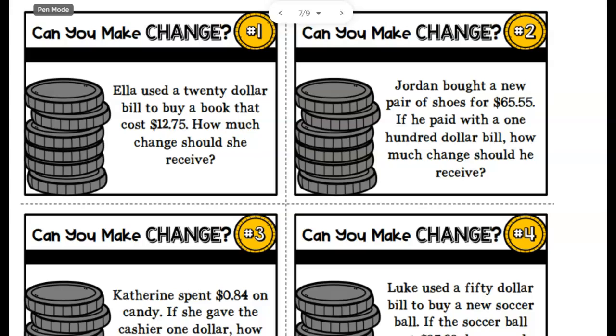Jordan bought a new pair of shoes for $65.55. He paid with a $100 bill. How much change should he receive? Well, he started with 100. I'm going to add my change. Remember, there are always 2 numbers after the decimal point. Only 2.